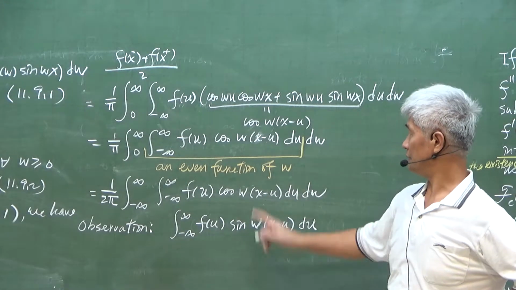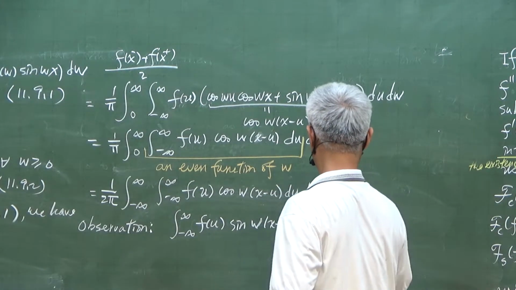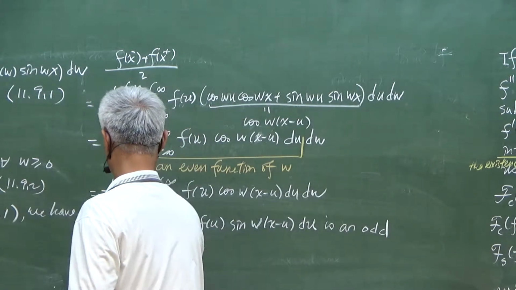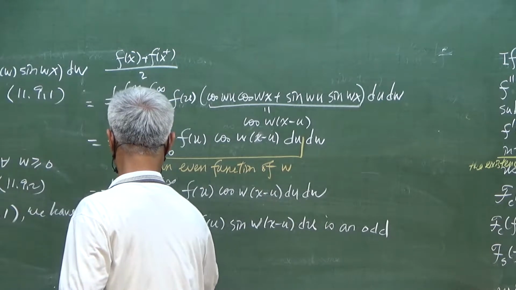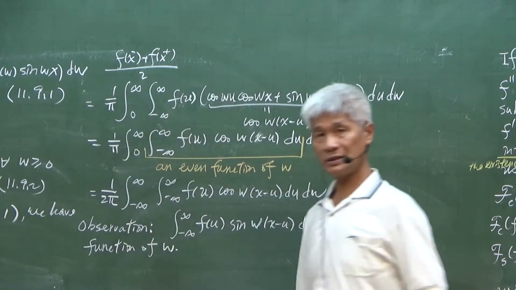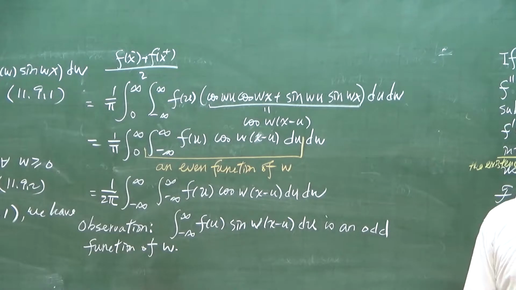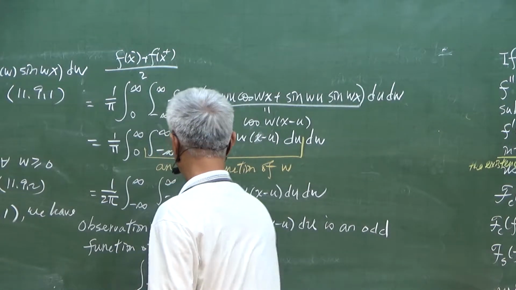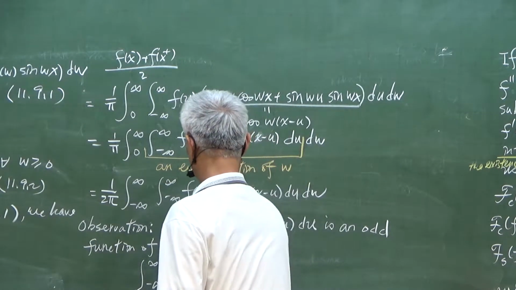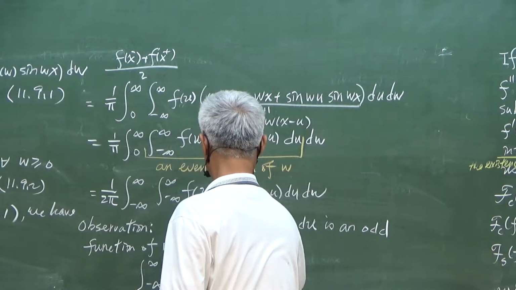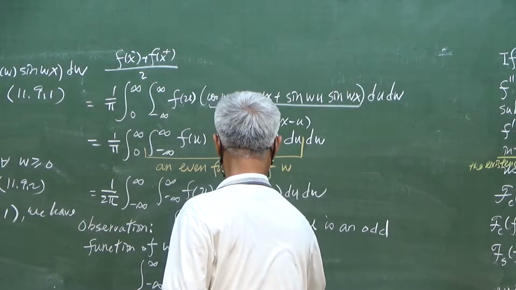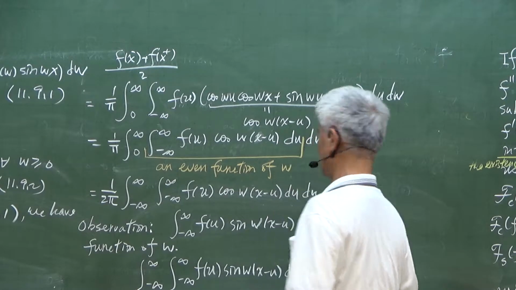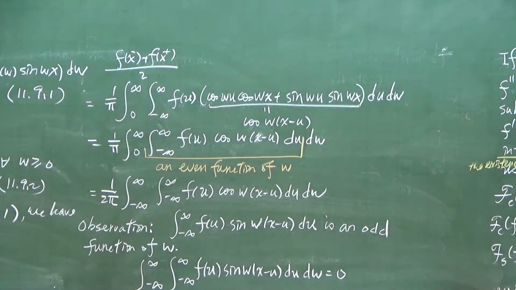Then it's a function of w, but it's an odd function. Okay, so it's an odd function of w. And so if we integrate over all the w, sine should be equal to 0. So this is 0.